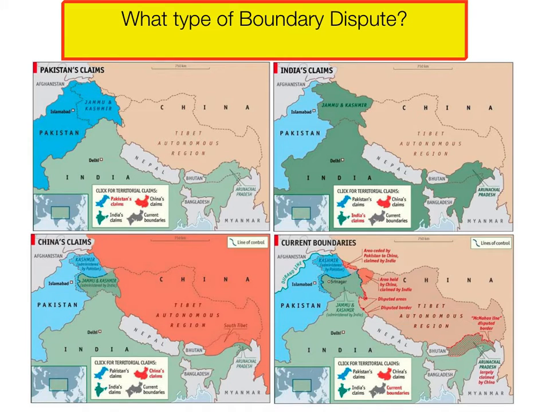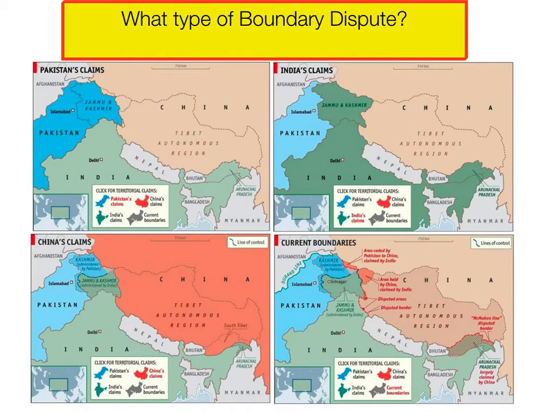So here we see another example of a boundary dispute, and we can see the region known as Kashmir, which is located in between Pakistan, China, and India, and borders all 3 states. We can see in the 4 different maps that each state has its own claims on this region, and many of those claims are overlapping.